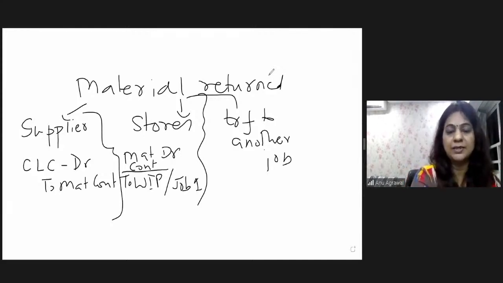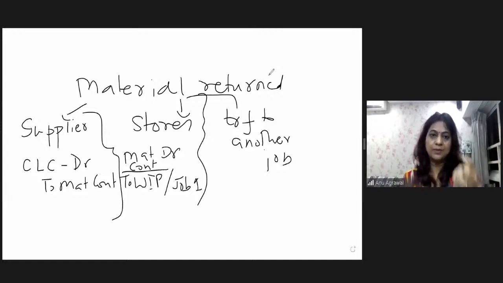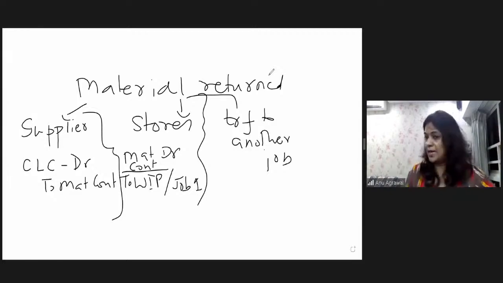So in the store, material control account debit, because material has come back to the stores. So you can say store control account debit or material control account debit. And from where did it go away? From the job one or WIP, whatever you want.